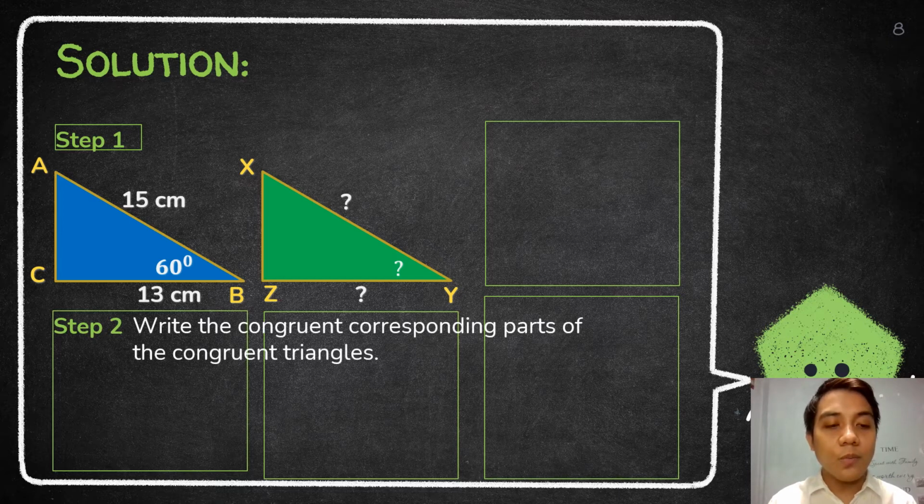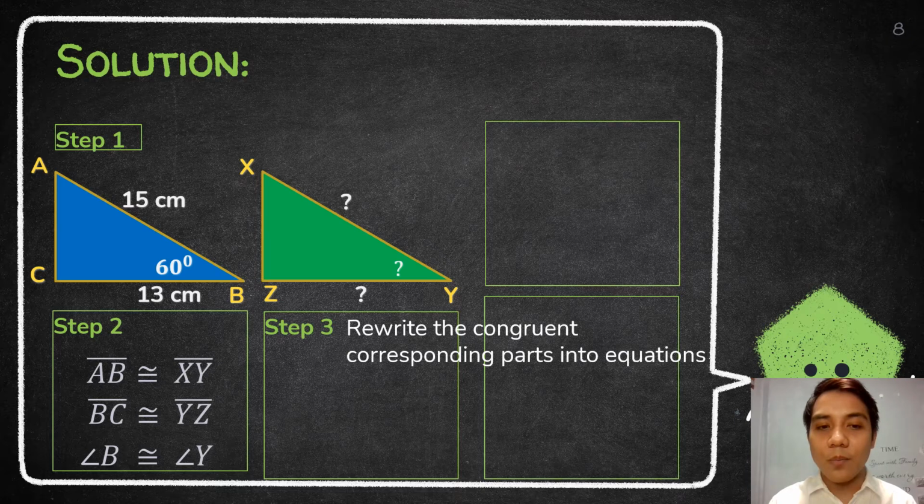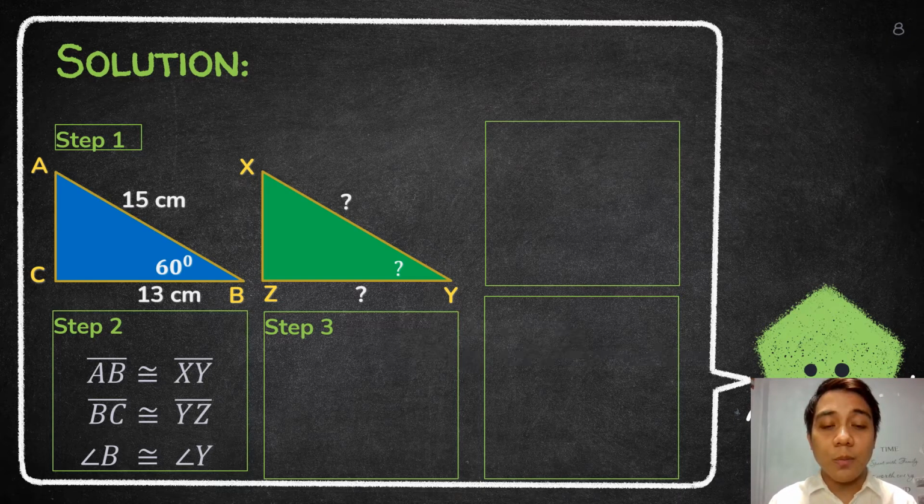For step 2, write the congruent corresponding parts of the congruent triangles. So we have side AB is congruent to side XY, side BC is congruent to YZ, and angle B is congruent to angle Y. For step 3, rewrite the congruent corresponding parts into equations.